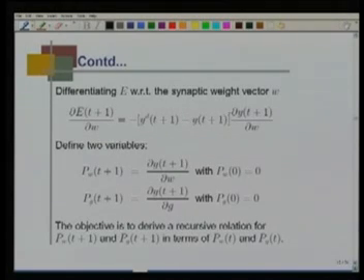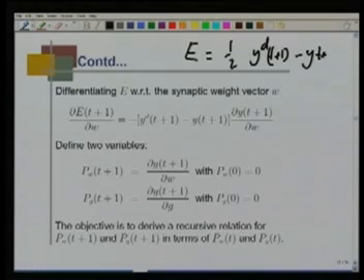Just to recall what d means, E is simply half of (yd t plus 1 minus yt plus 1) whole squared. So, you have this term coming out, and then you differentiate yt plus 1 with respect to w, so the minus comes out there.